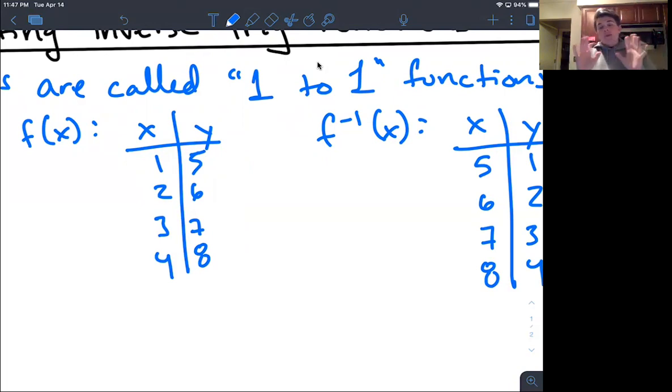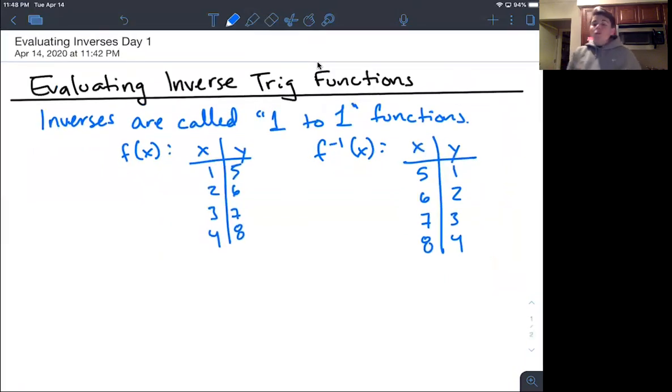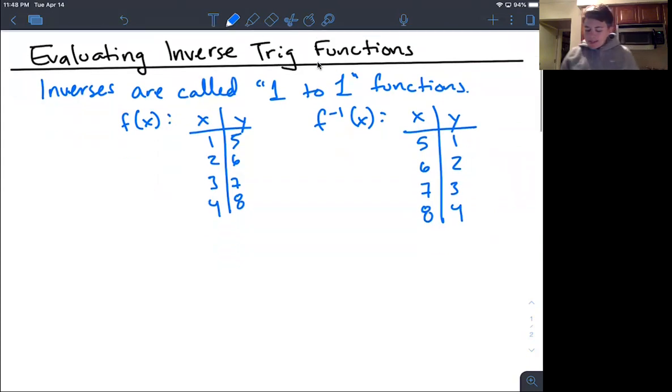Nothing's repeating, and the reason is because we're doing a little switch. If I have repeating y values and I make those the x values, now I have repeating x values, and it's not a function. So that's what we mean by one-to-one functions, and that's how you see if a function is one-to-one looking at a table.